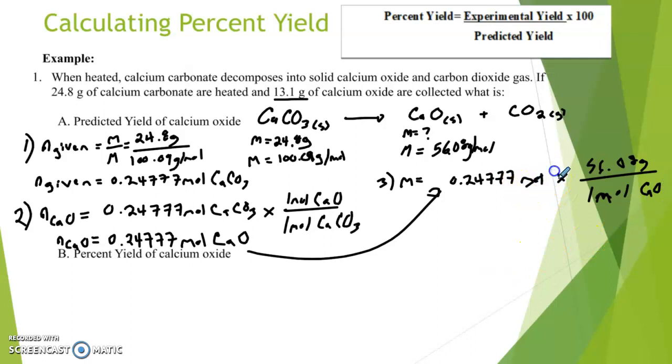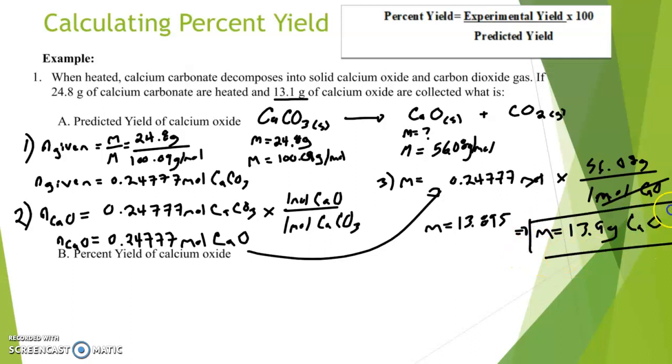And our moles cancel out. We do our math, and we get a mass of 13.895 grams, or if we want to do, we got to do our sig digs, 13.9 grams of calcium oxide. So theoretically, this is how much we get.